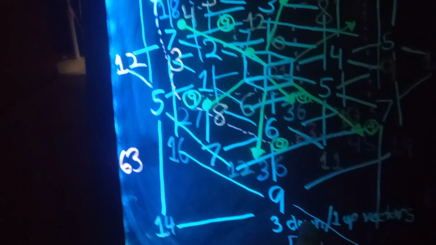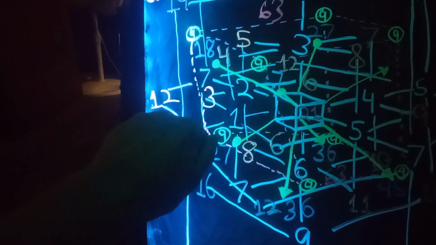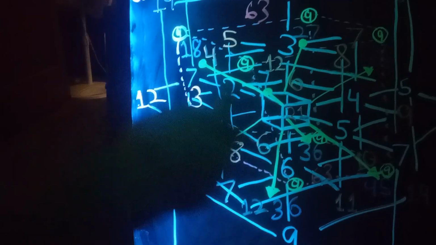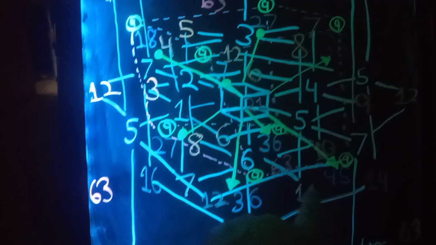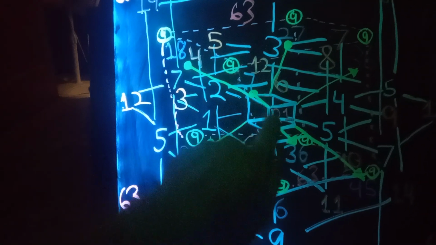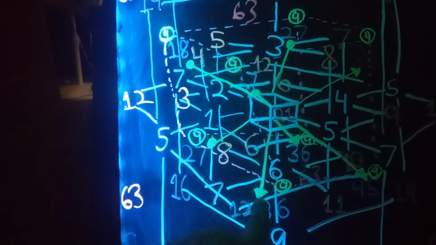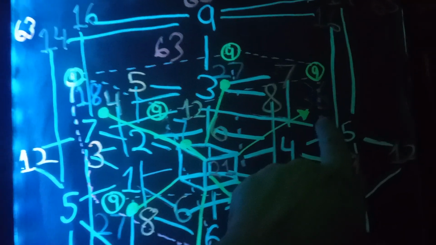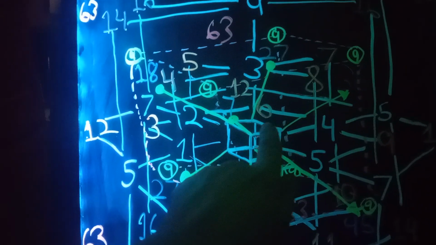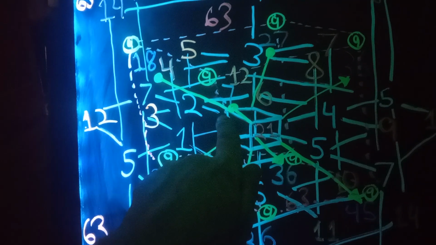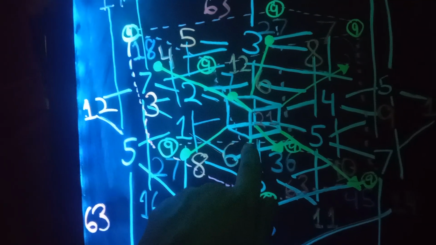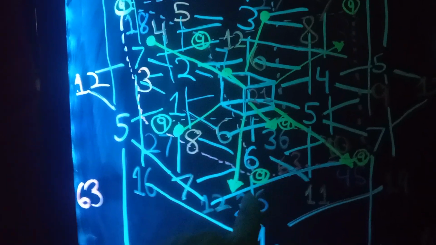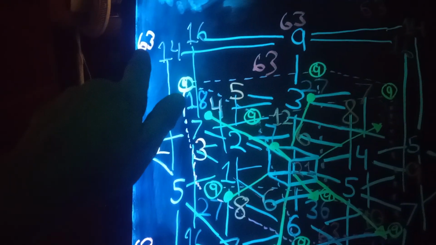I call them vectors because they have direction. 18 is smaller than 45. 27 is smaller than 36, so it's going in this direction. 27 over here is smaller than 36. And they create the outer ghost numbers.